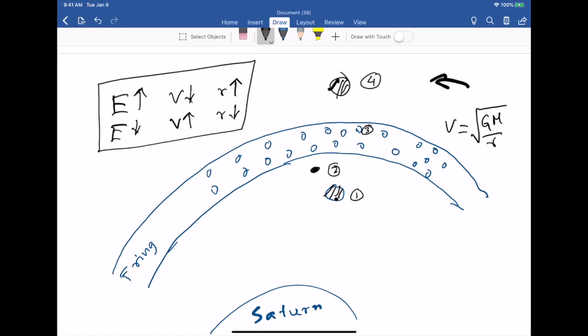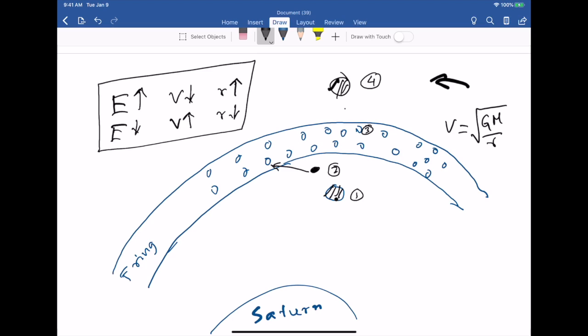And what happens to a ring particle when it gets extra energy? If it gets extra energy, its radius goes up and its velocity goes down. So eventually, as it keeps getting more and more extra energy, it will go back into the ring. The same exact thing happens if a particle gets out of the ring on the other side.